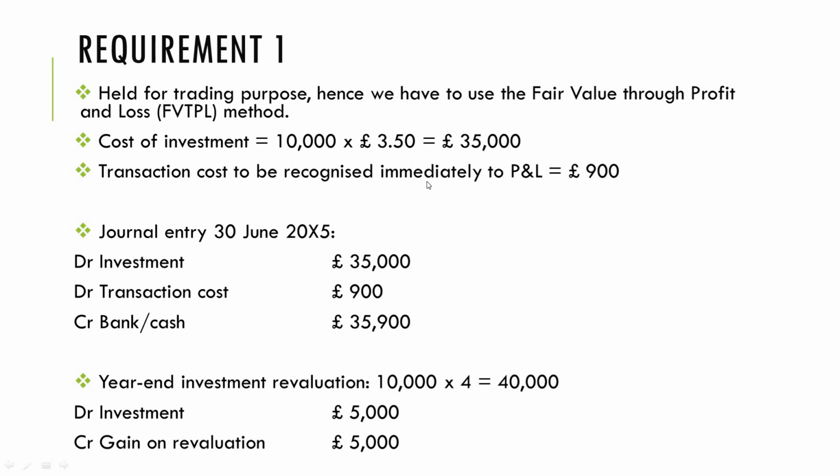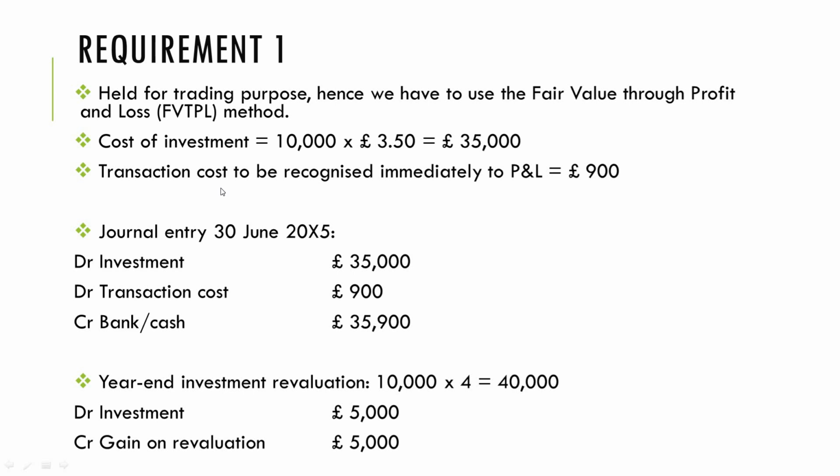Alright, so if we want to record based on the FVTPL approach, first you have to calculate the cost of investment. Vilma wants to purchase 10,000 shares and the cost is £3.50, so the total cost of investment is £35,000.